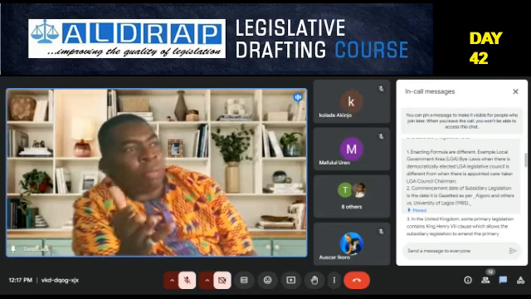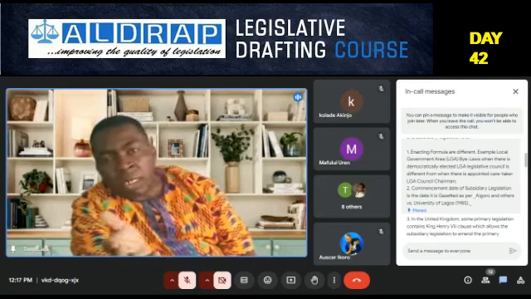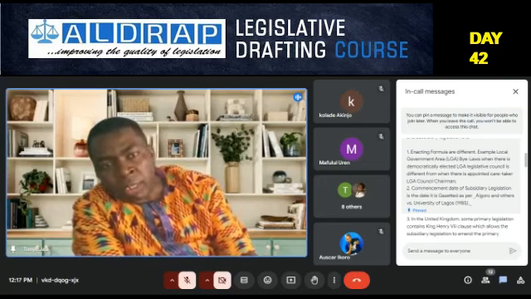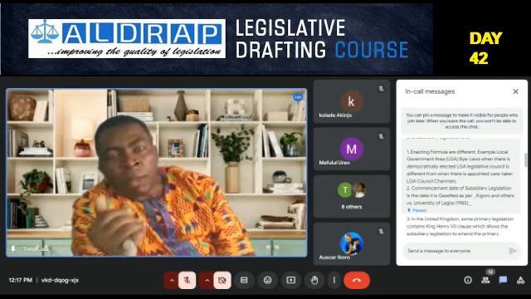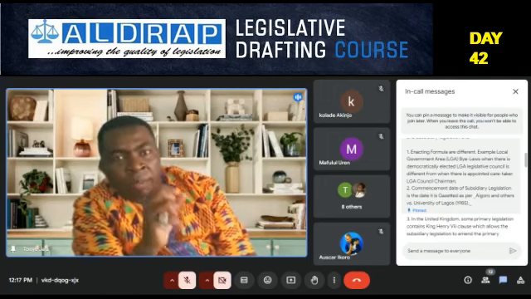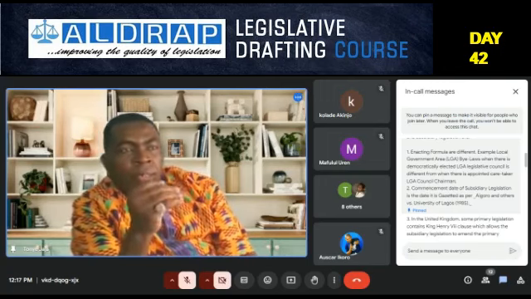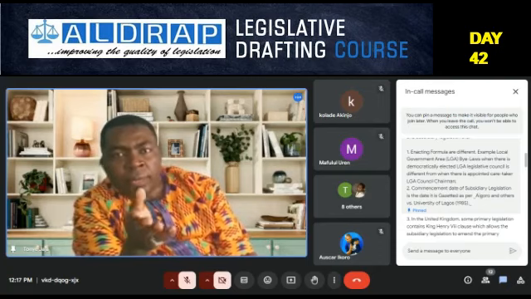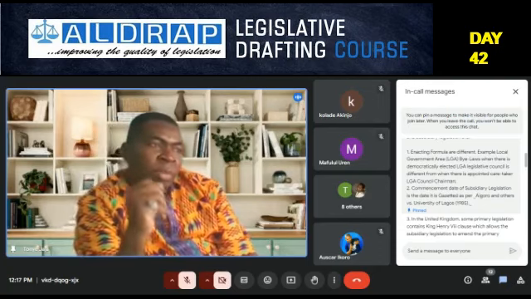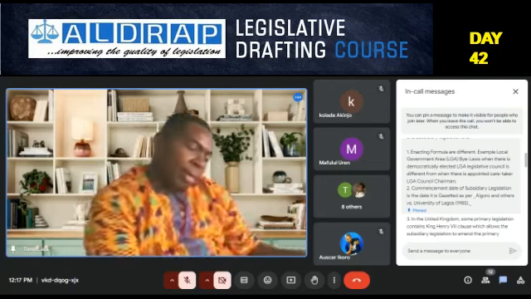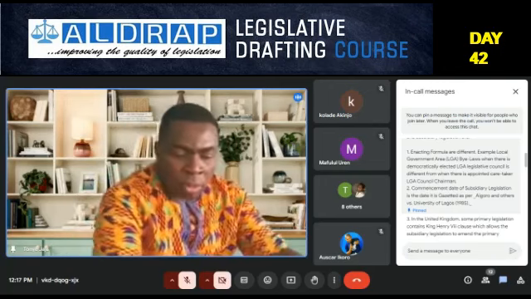So one example of a species of subsidiary legislation is bylaws. Bylaws are the laws made by local government assemblies. Bylaws, the spelling is B-Y-E, then dash, law.